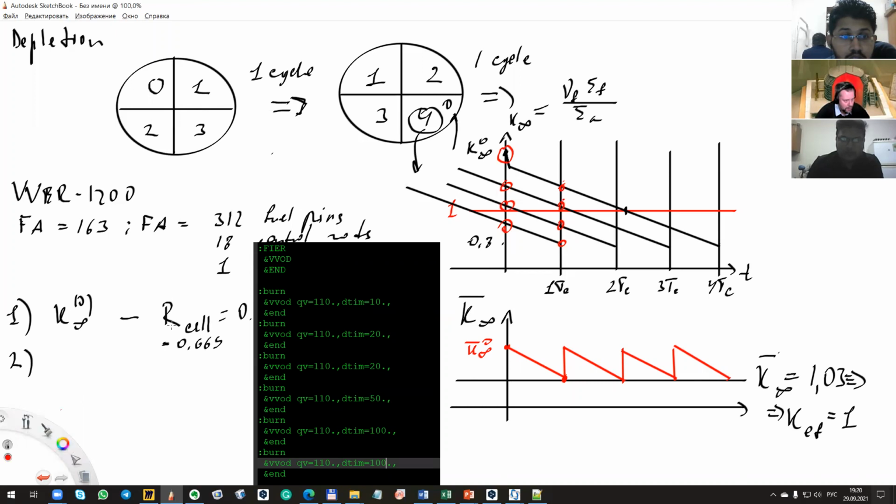So actually there, this file gets the K-infinity 0, right?